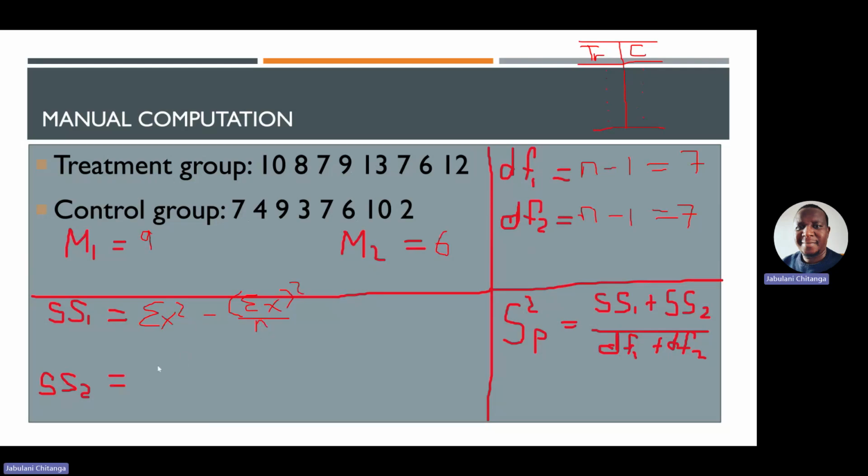We do that for each group. For the first group, the sum of squared x's means 10 squared plus 8 squared plus 7 squared plus 9 squared plus 13 squared plus 7 squared plus 6 squared. So it's 100 plus 64 plus 49 plus 81 plus 126, something like that. When you do a search, you get 692.